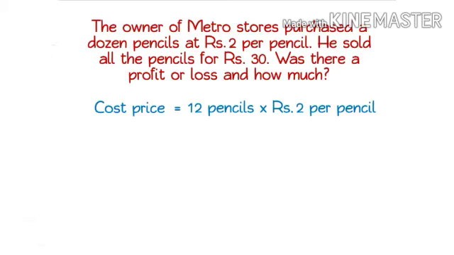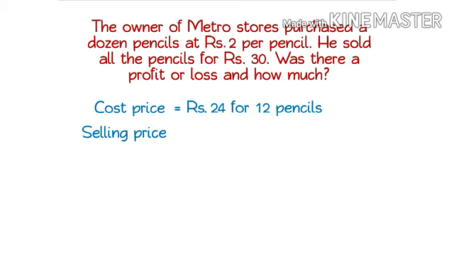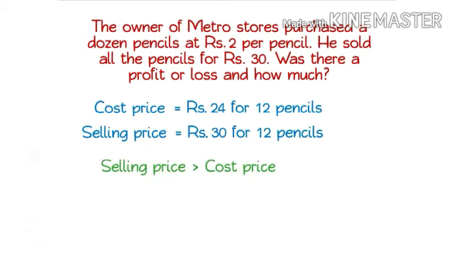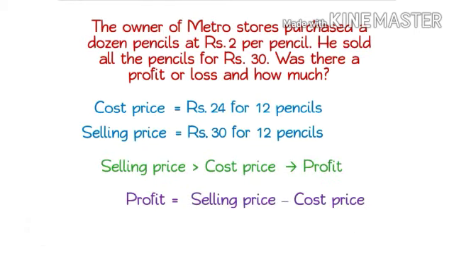That means his cost price is 2 into 12, which is equal to 24 rupees for 12 pencils. He sold them all at rupees 30, that is the selling price. Selling price is greater, so it is a profit. The profit is rupees 30 minus rupees 24, which is equal to rupees 6.